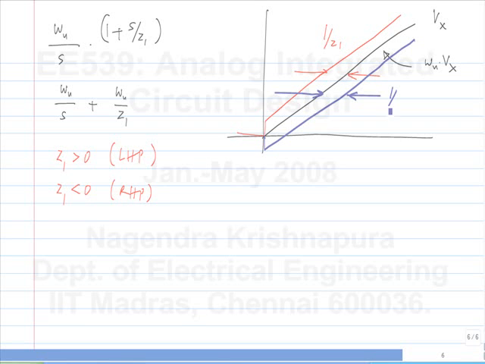So the displacement again is 1 by Z1, but this time it's a delay. So if you have a right half plane 0, it degrades stability. That is again kind of clear from this. It introduces a delay, it goes in the wrong direction and so on. And if you have a 0 in the left half plane, it improves things. So in fact, maybe you can even think of it as a way of improving the performance. Let's say you have a certain delay because of some pole, then you can improve it by putting an advance because of a 0.